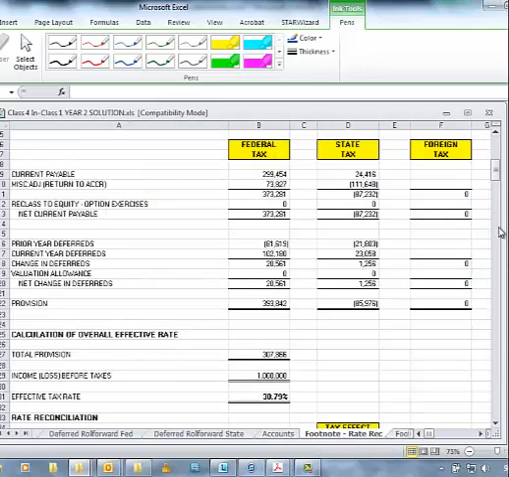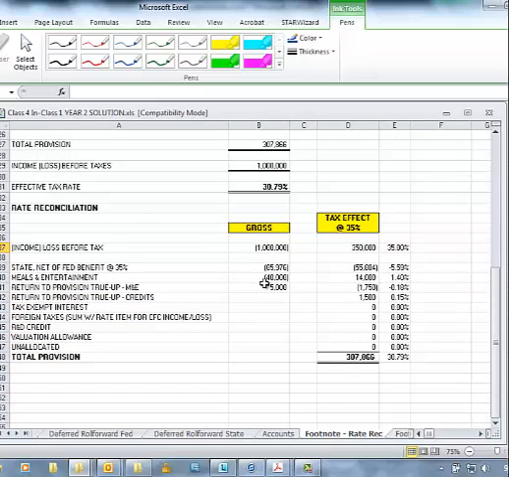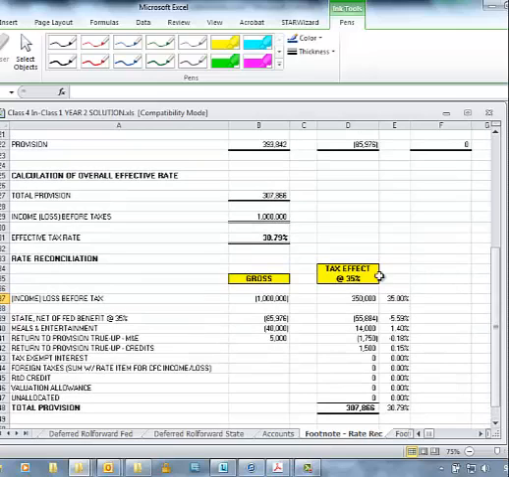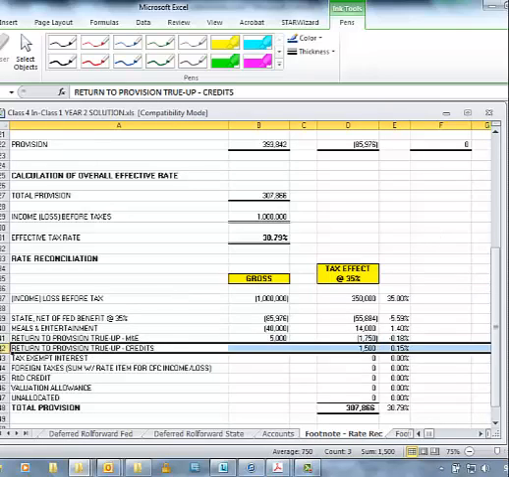So when we get to year 2's rate rec, it's probably built in the way we've shown it here. Yeah, it's built in. When we get to year 2's rate rec, you can see that there's a line item here for truing up meals and entertainment. And there's a line item in here for truing up credits.